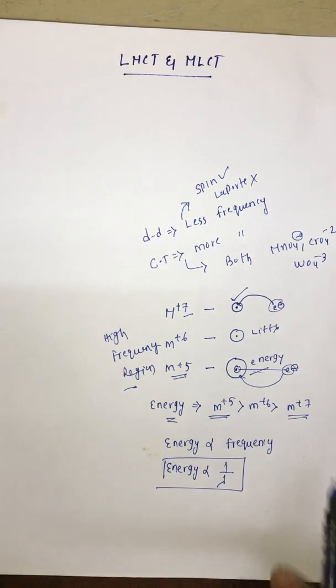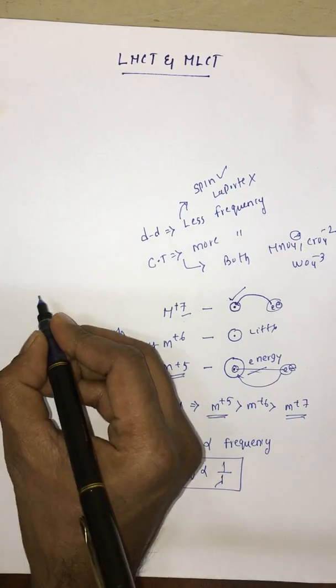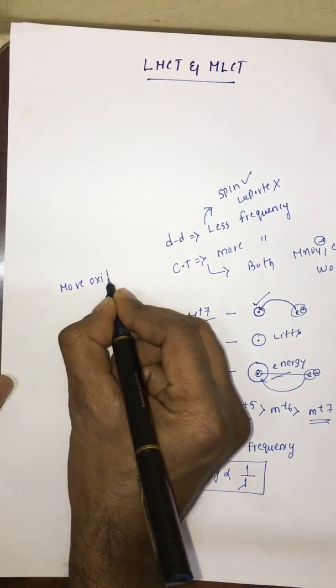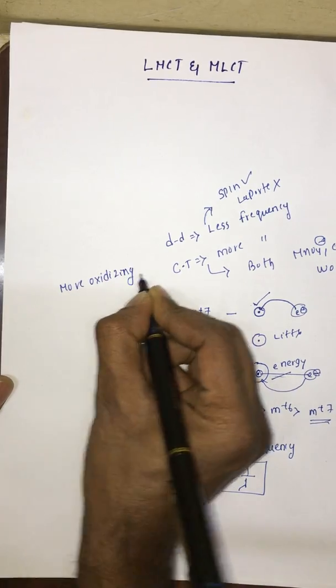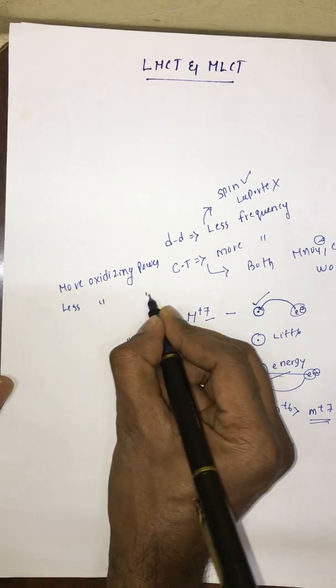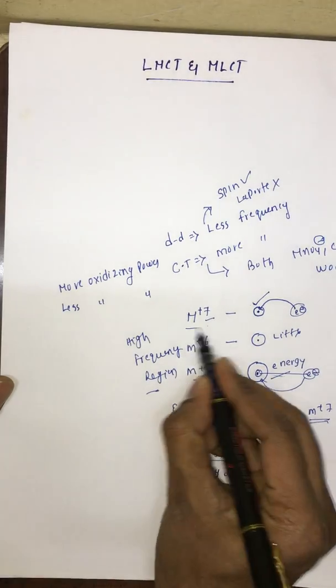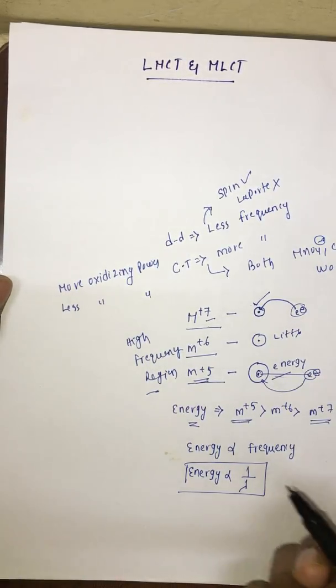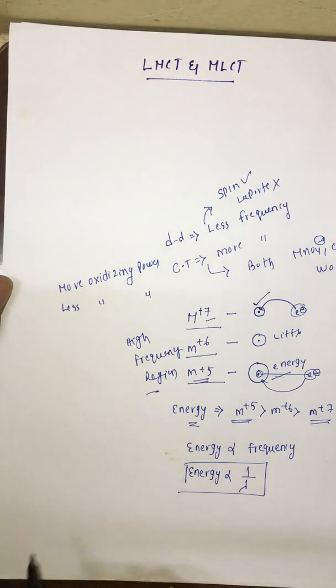And then we can also talk about more oxidizing power and less oxidizing power. Among these three, M+7, M+6, M+5, which one will have more oxidizing power? More oxidizing power means the metal which is more electron deficient.